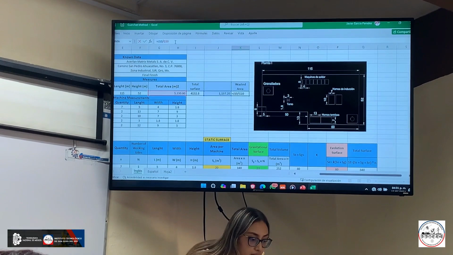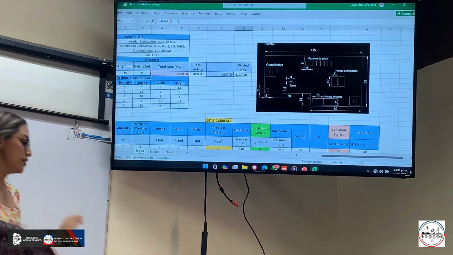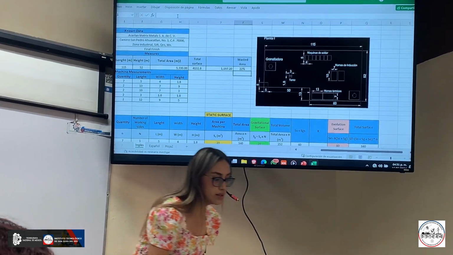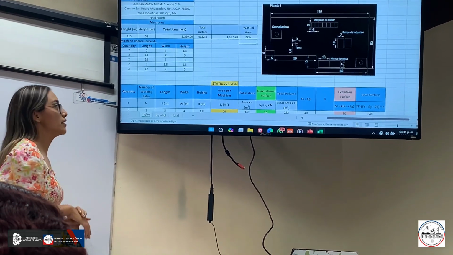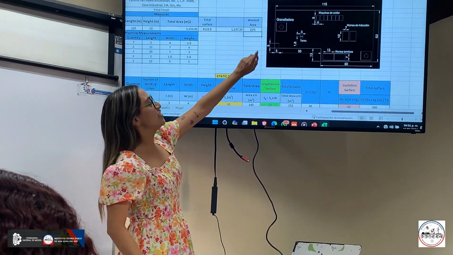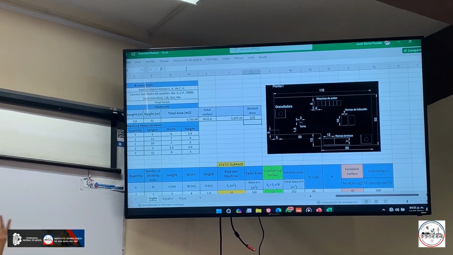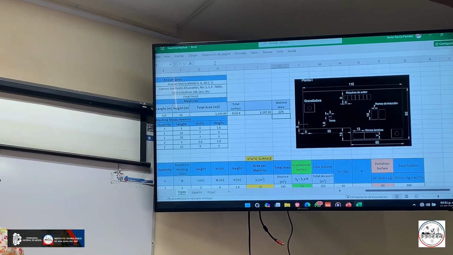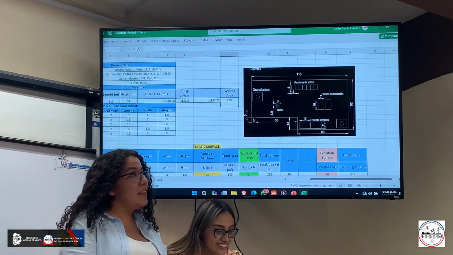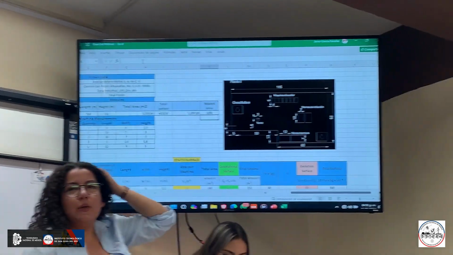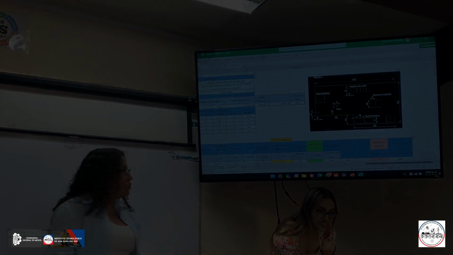In conclusion, you can see your layout, we can improve. As you can see, we have 22% of wasted area in our current layout, which means that we have a lot of space that is not being used.